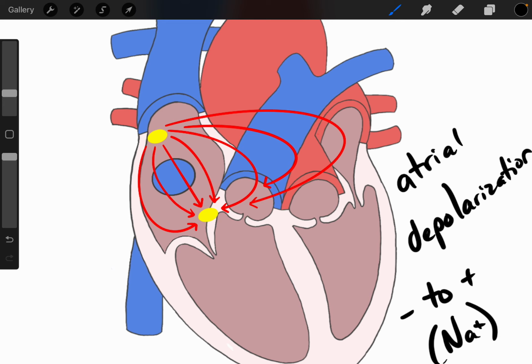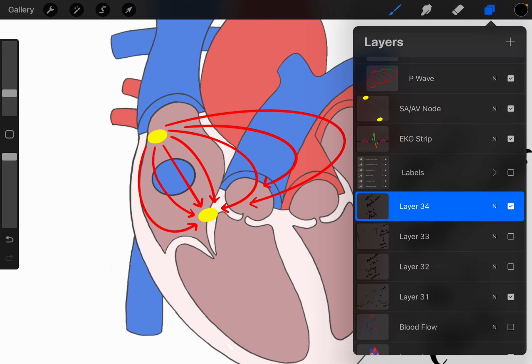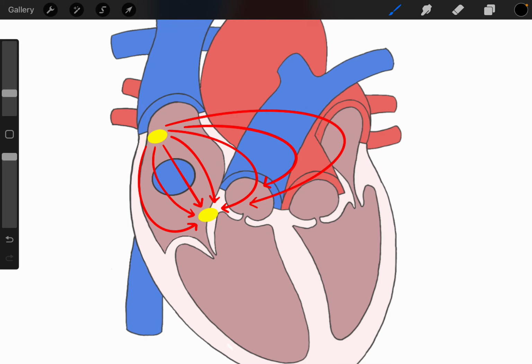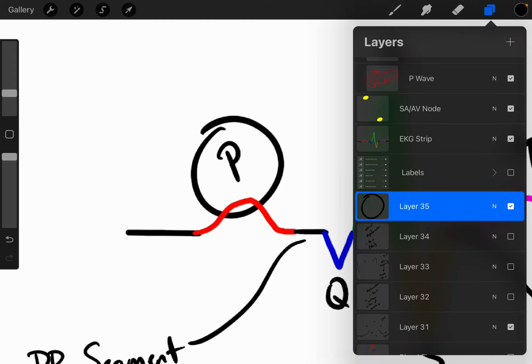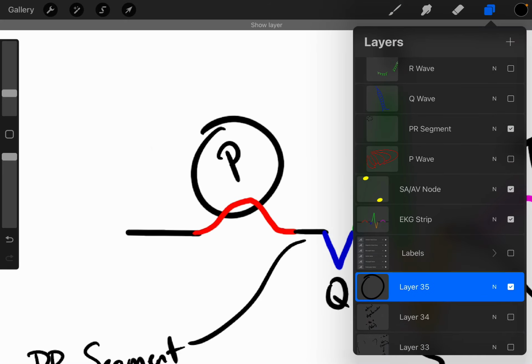That's essentially all that means. Now, when we get into the next step of the EKG, what we just went over, if you go back down here, is the P wave, which we're going to call atrial depolarization. The next step is going to be the ST segment.